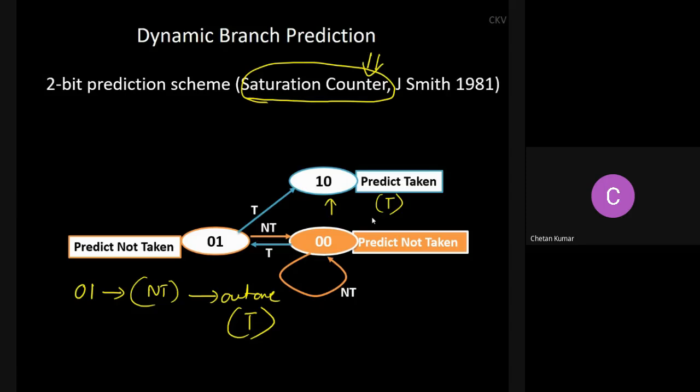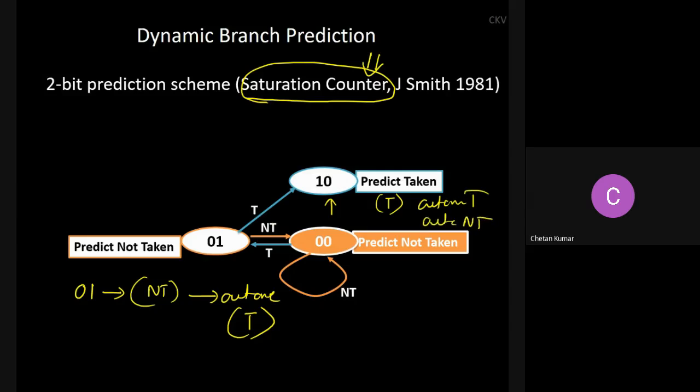So this is how the state diagram looks. If the prediction is wrong twice, then I'll go here and I'll start predicting taken whenever I'm in this state. Now in this state also there are two possibilities. If your outcome is taken, what should happen? If your outcome is not taken, what should happen? Can you tell me?